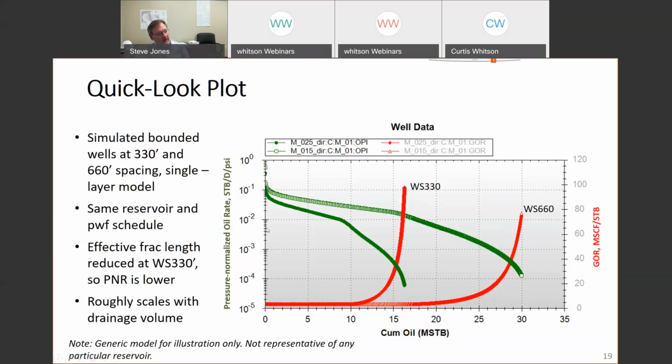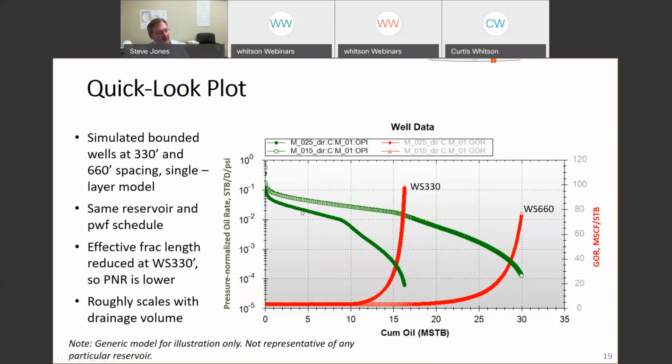One thing I want to point out about these curves is that the productivity on the 330 spaced well is less, which tells you that by putting your wells 330 feet apart, you're cutting off some of the frac length that would have been available to the well had they been spaced farther apart. So the pressure normalized oil rate starts off at a lower rate at the tighter spacing than it does at the larger spacing.